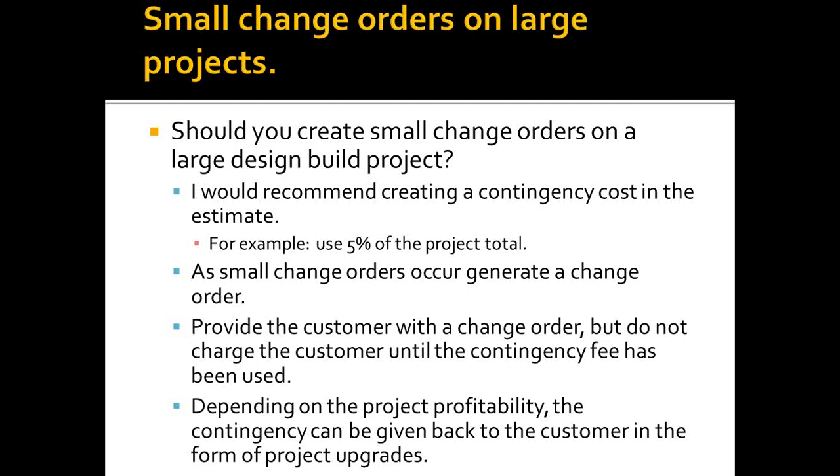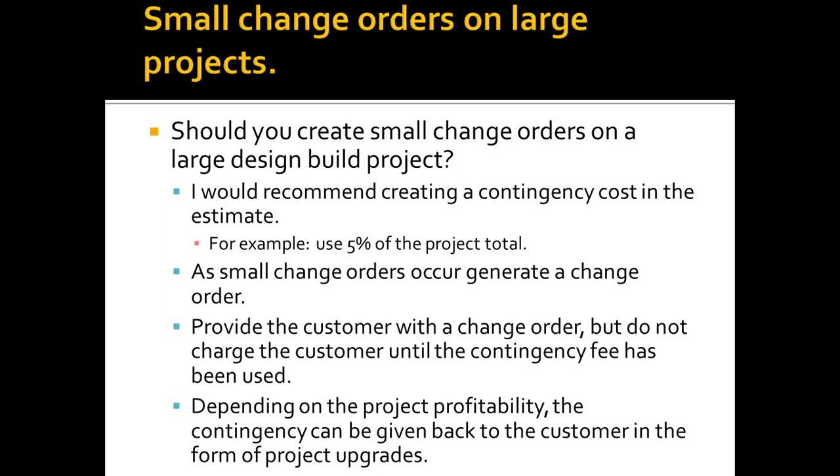So what I'd recommend is that you develop a contingency cost that is part of the estimate. You can either discuss that with the client, or if you really think that these change orders are definitely going to occur, add that contingency to the project so that it gives you a little bit of flexibility with additional work that you know you're going to be doing.